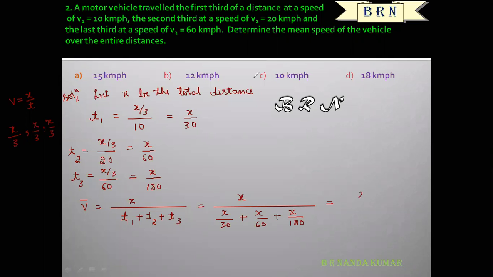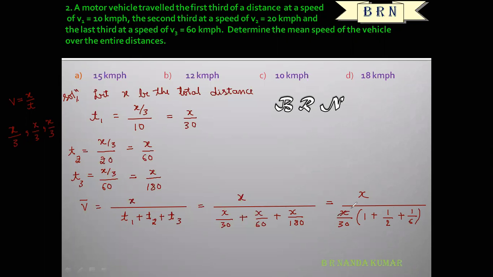So X divided by, here X by 30 is taken as common. So here what is the value? 1 plus, so 1 divided by, X by 30 is common. The remaining is 1 by 2, and the remaining is 1 by 6, right?